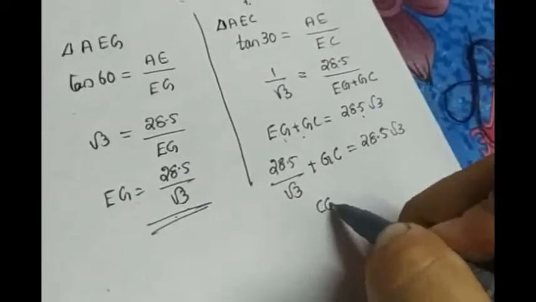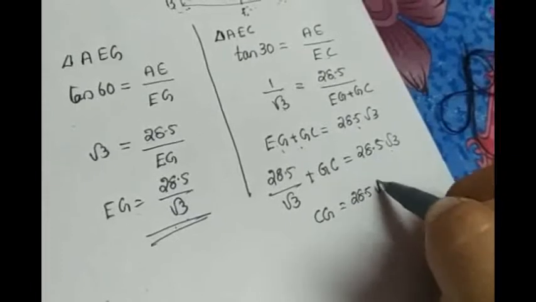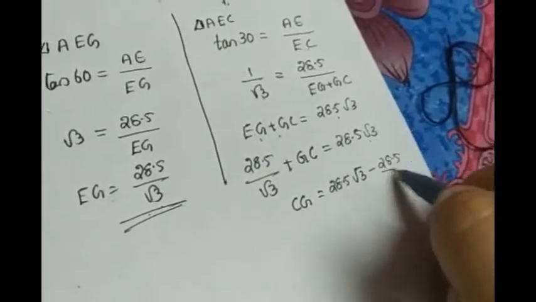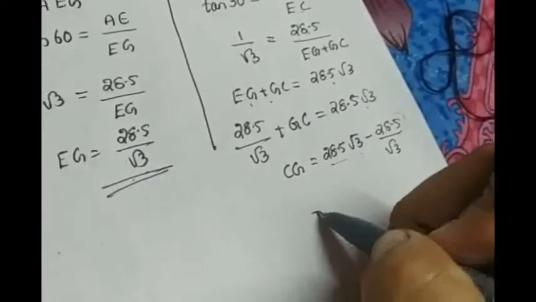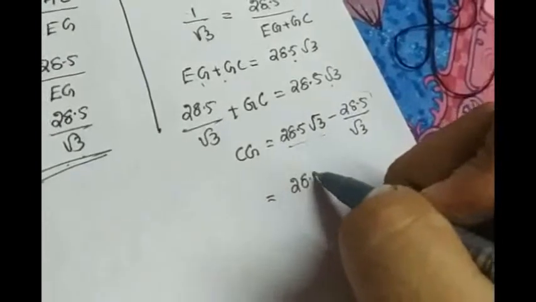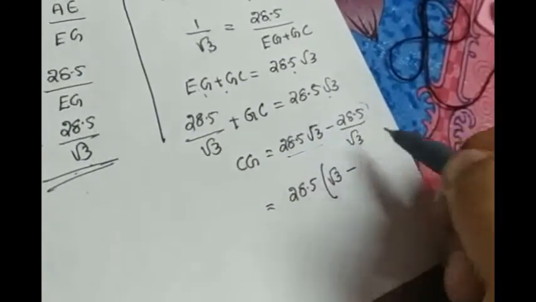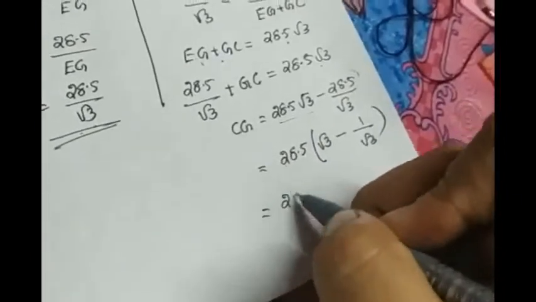From that, CG or GC equals 28.5 root 3 on the right side, and if we take it across, minus 28.5 by root 3. There are two terms. What is common there? 28.5 is common. So what is the first term's balance? Root 3 minus, here what is the balance? 1 by root 3. So this will be equal to 28.5.